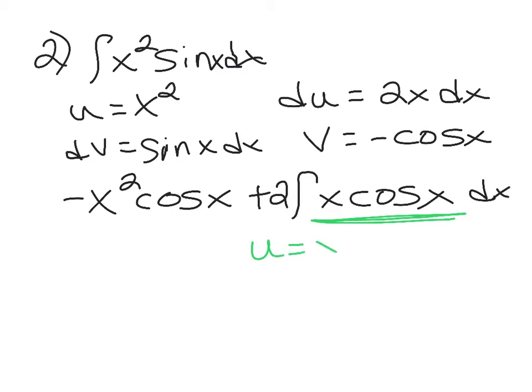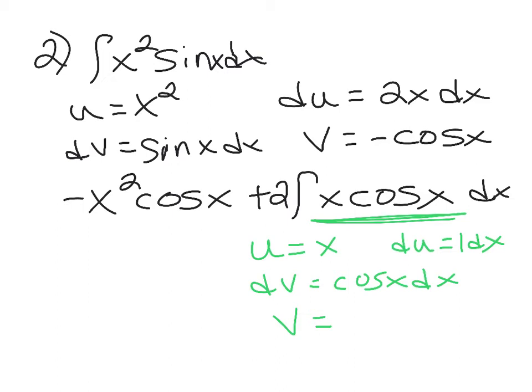I let u be the x thing, then the derivative of that with respect to x is going to be 1, multiply both sides by dx, so you just get dx. And then the other part is going to be dv, so that means that cos x dx would be the dv, and that means that the integration of cosine is going to be sine x.